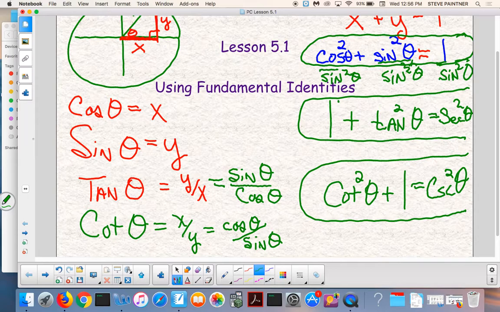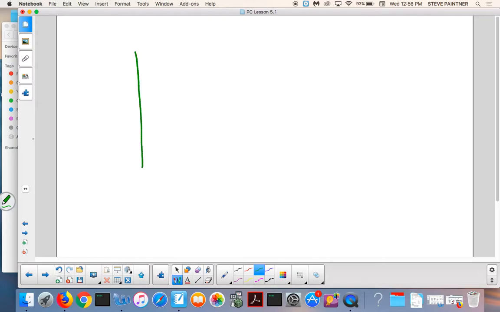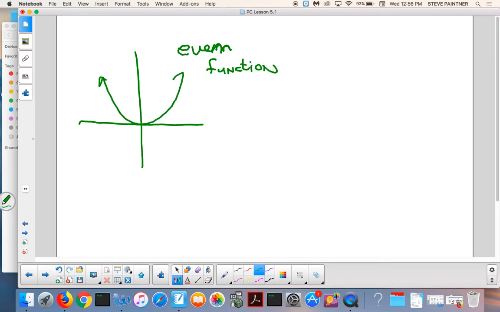Okay, there's probably something else I didn't talk about. Oh, yeah. I didn't talk about even and odd functions. Do you guys remember even functions? Even functions were symmetrical to what? Y, good job. So a parabola with vertex at the origin is symmetrical to the y-axis.